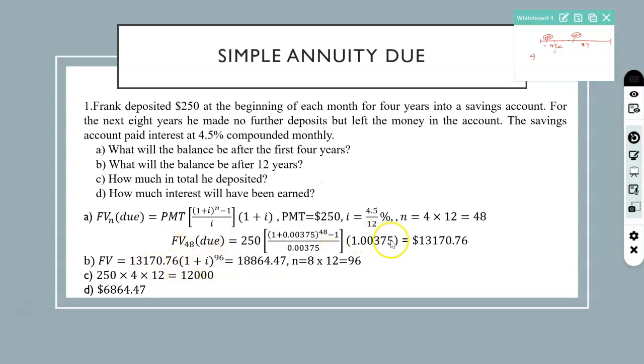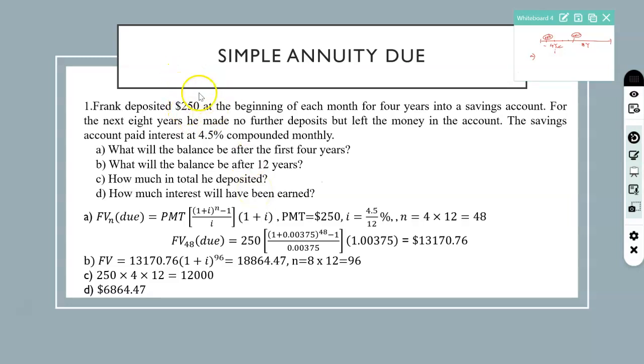PV is the amount we received after 4 years, and you invest it for another 8 years. So n will be 8 times 12, which is 96, and i remains the same, 0.00375. After calculating, you should get 18,864.47.